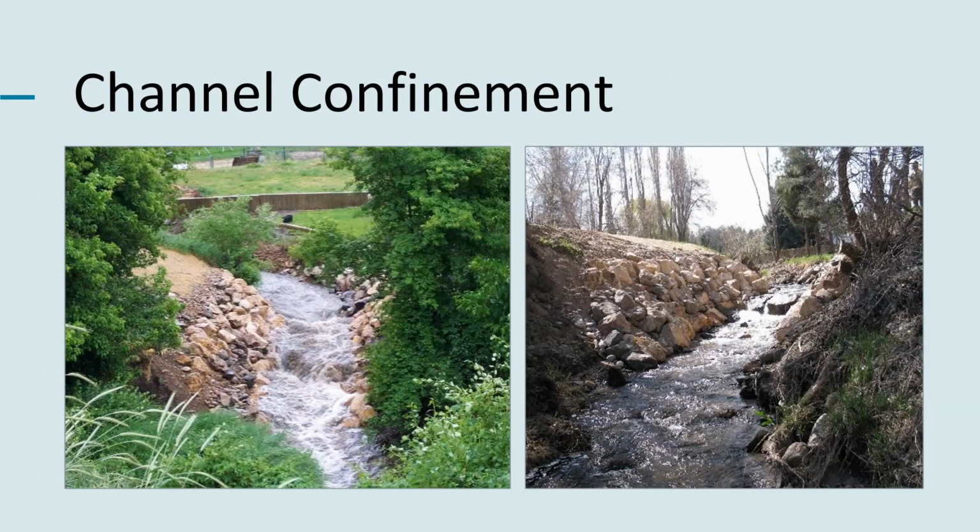Okay, some of the things that you'll find in urban riparian areas are channel confinement, and when you take a stream and you armor the bank and put it into a narrow corridor, it's very difficult for the stream to move, and there's not a lot of ability for it to do the things that a healthy stream is going to do, like when we were looking at the floodplain pictures.